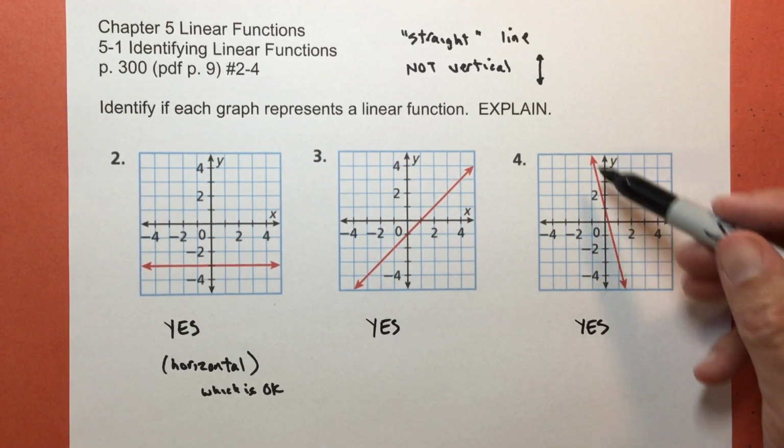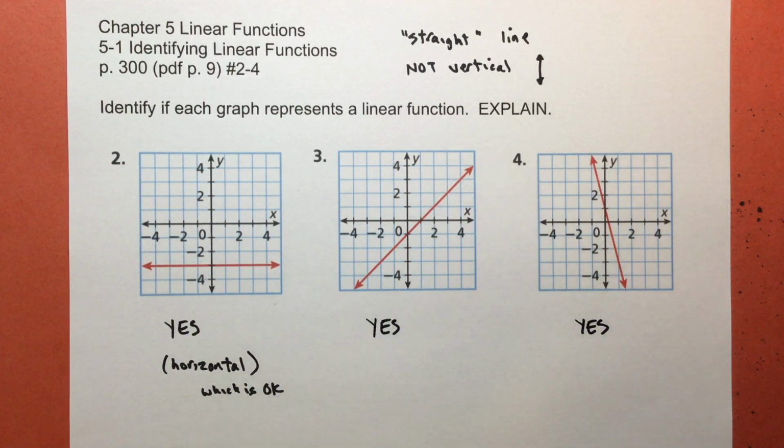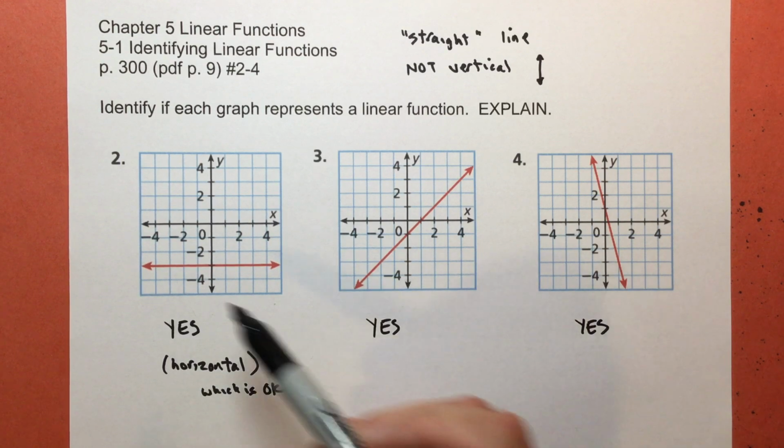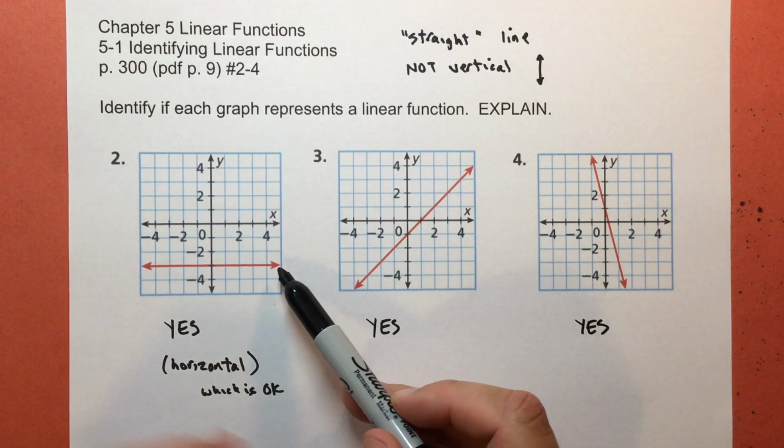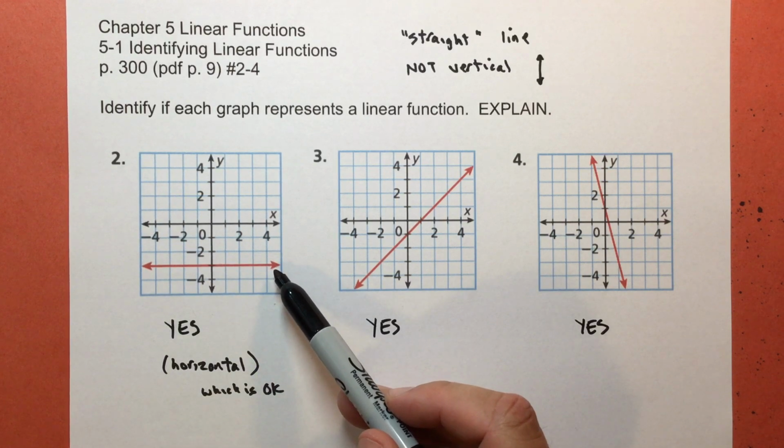I know it's really up and down. So think of it this way, and this is something we'll talk about later in chapter 5 in just a couple weeks. Think about trying to walk up these hills. If I was walking on this one, it'd be easy. It's just flat.